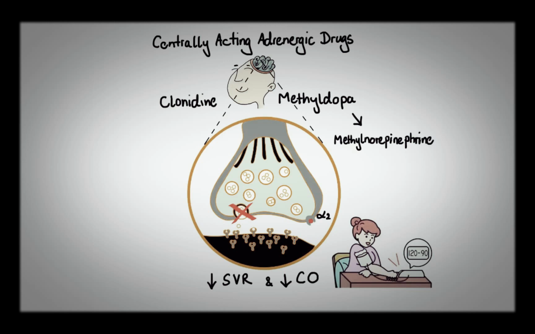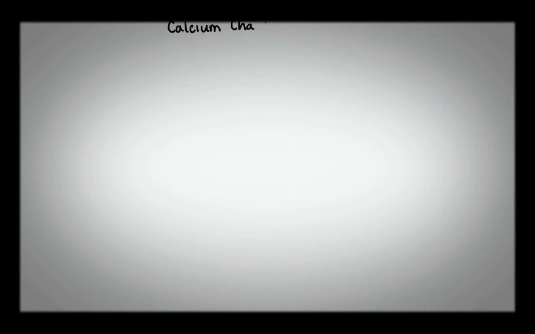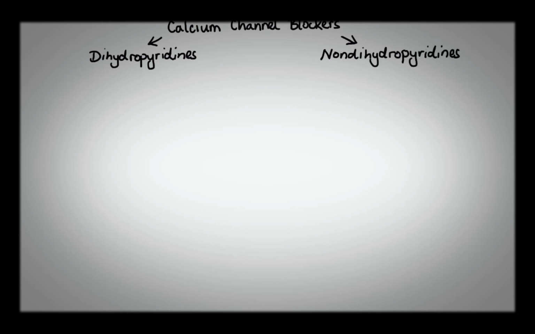Now let's move on to another major class of antihypertensive agents, that is calcium channel blockers. So calcium channel blockers are divided into two main subclasses: dihydropyridines and non-dihydropyridines. Now, dihydropyridines selectively inhibit L-type calcium channels in the vascular smooth muscle.